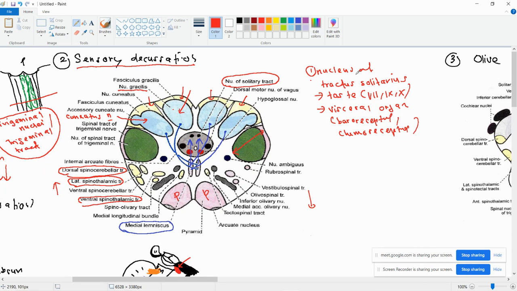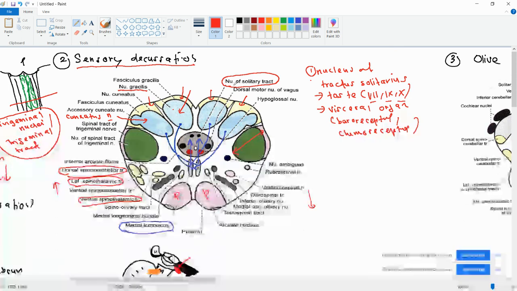So everything goes to the nucleus of tractus solitarius, which basically receives sensation from 3 nerves: the facial nerve, the glossopharyngeal nerve, and also the vagus nerve. Okay, that's number 1, the nucleus of solitary tract, or nucleus of tractus solitarius.